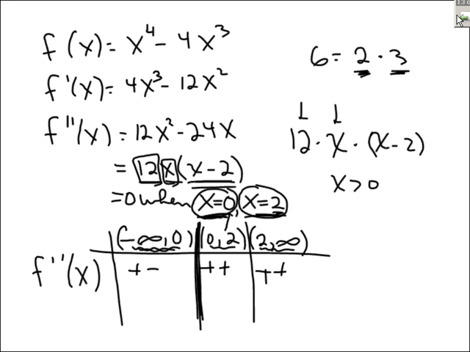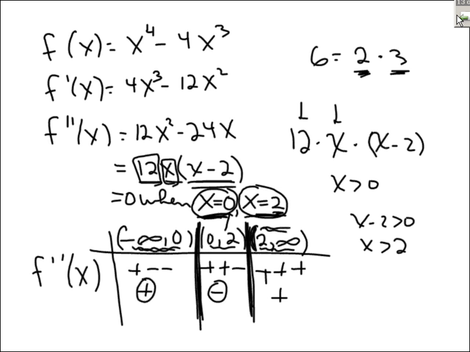Well, that's negative. The next factor, x minus 2, well, that's positive when x is more than 2. That's to the right of this line. This is above 2. Don't include 2, but include everything above. Well, that's positive, and the other ones are negative.